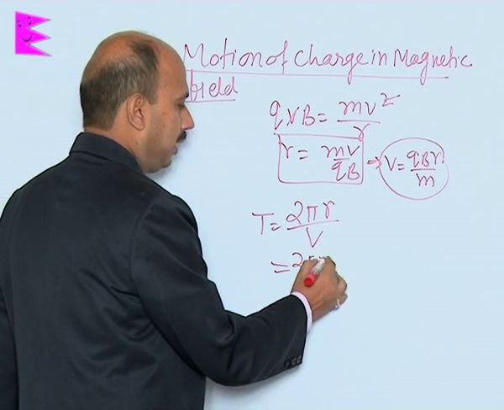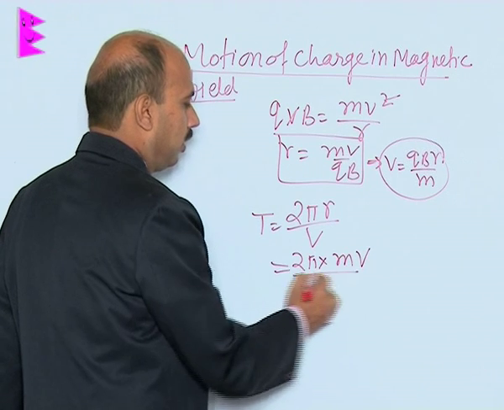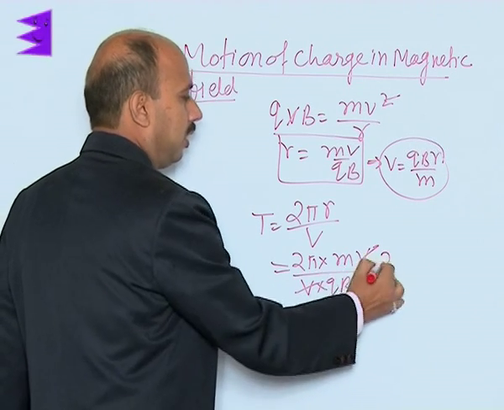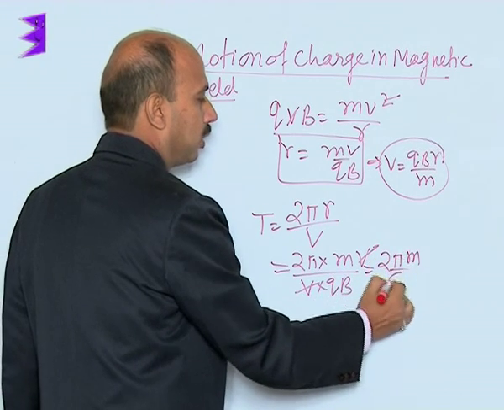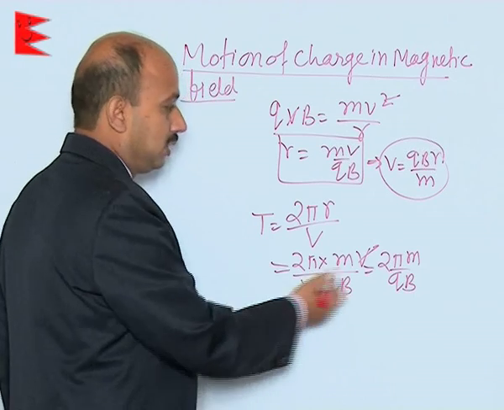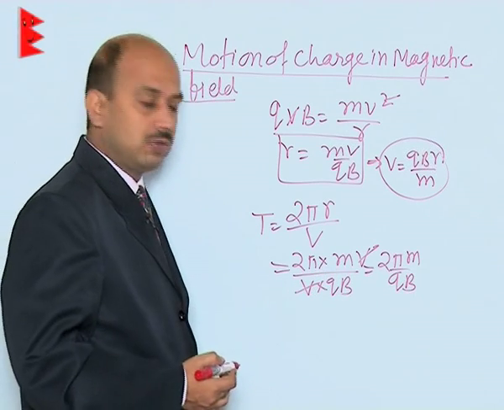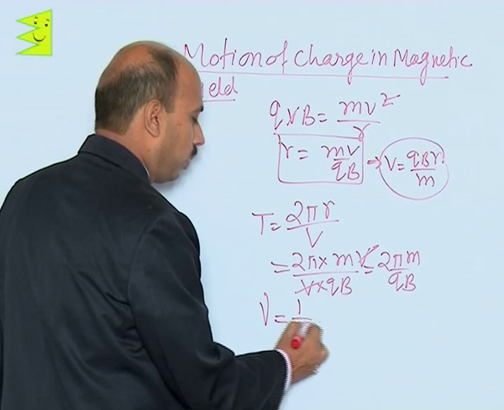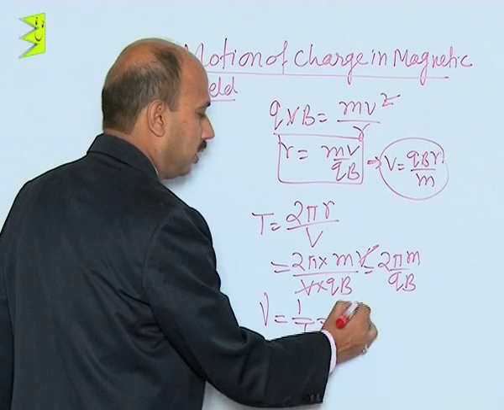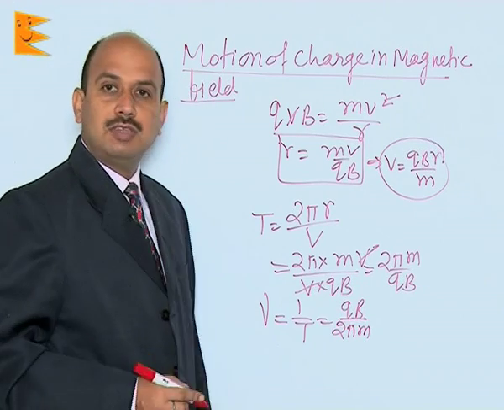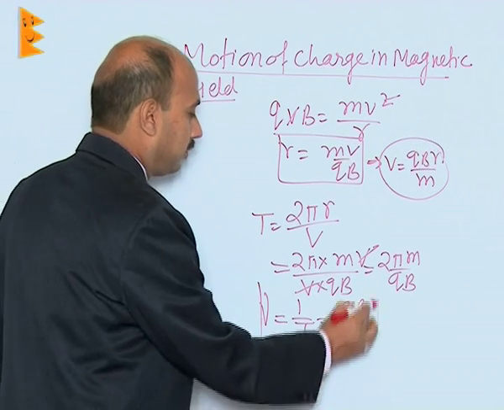So, 2 pi into mv upon v into qB, and this v will get cancelled, giving 2 pi m upon qB. This is the time period of the charge, which is independent of the velocity. Time period we have got. So, we can calculate frequency also: 1 upon T is equal to qB upon 2 pi m. This is the expression for the frequency of the charge.